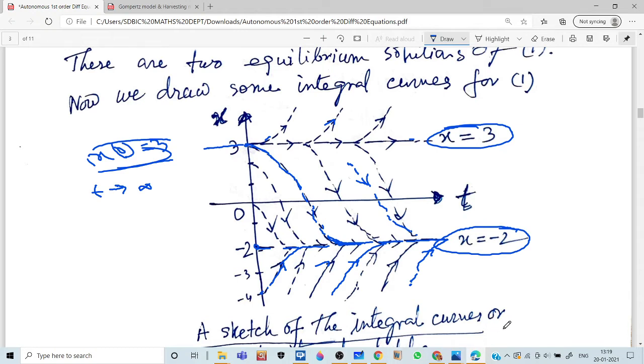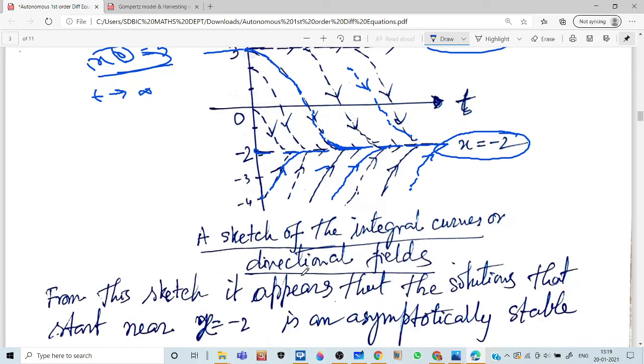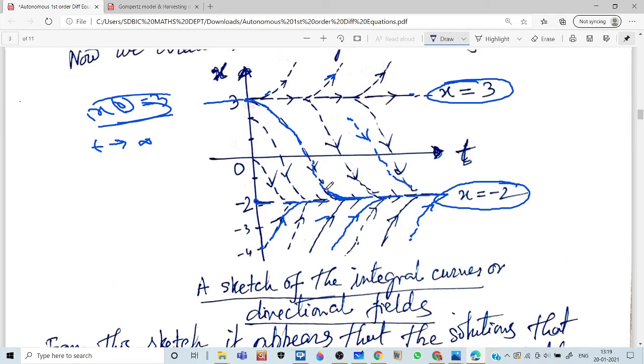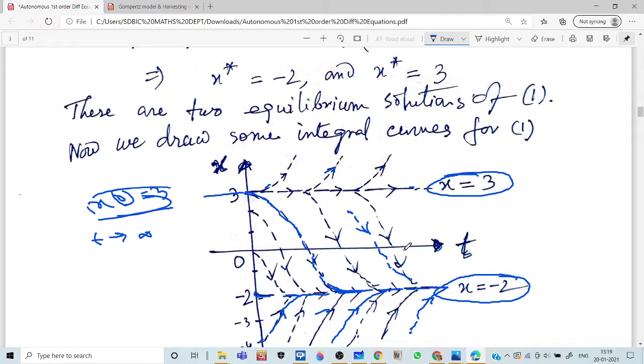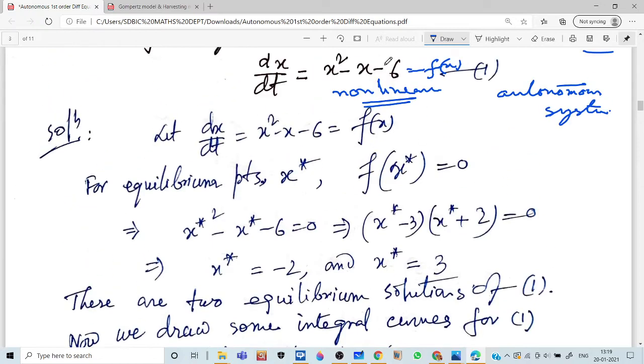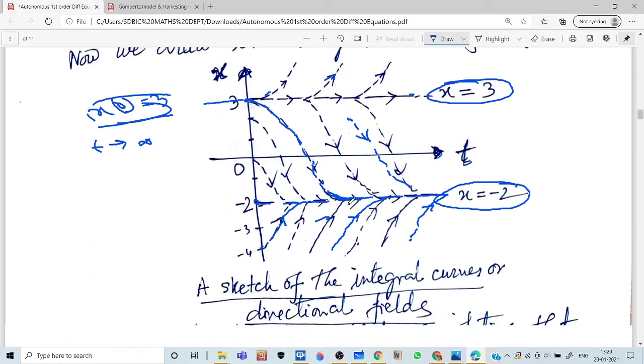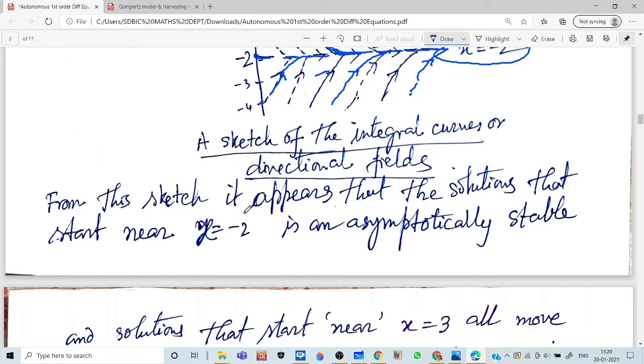So this is the sketch of the integral curves, the solution curves of the directional field, but it is difficult to draw solution curves for a nonlinear differential equation. It is difficult in the real field, so we avoid this and simply sketch the phase portrait.